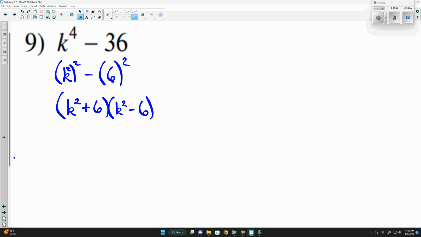Is 6 a perfect square? What times itself is 6? Well, nothing. So that's it. Questions on this here?